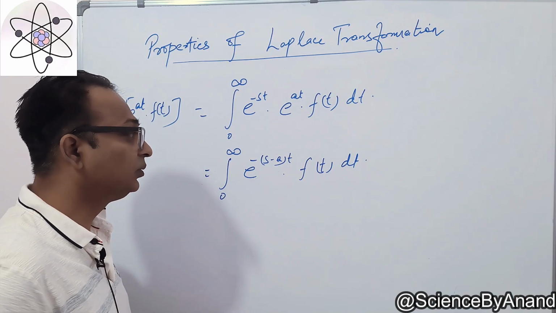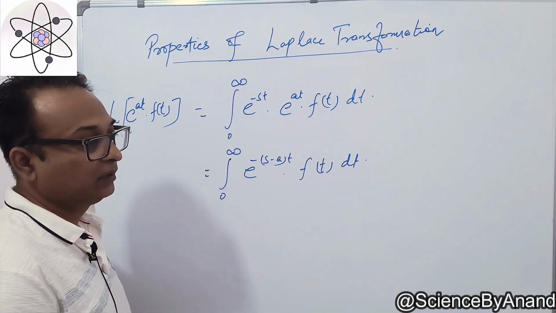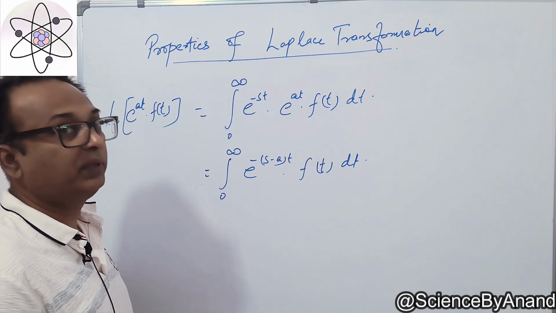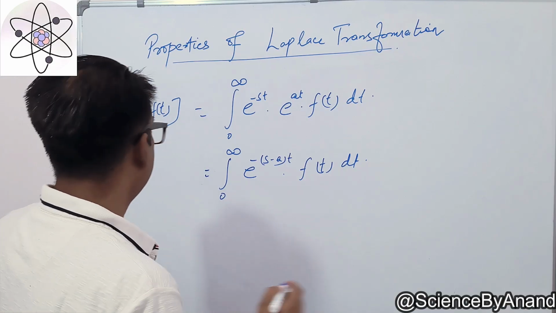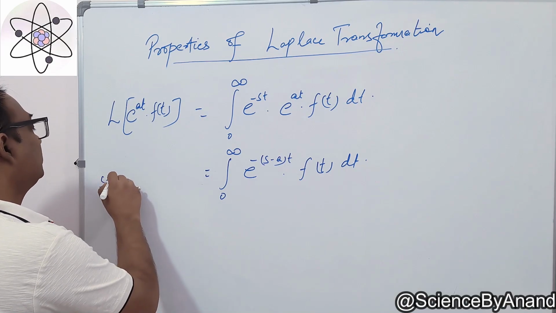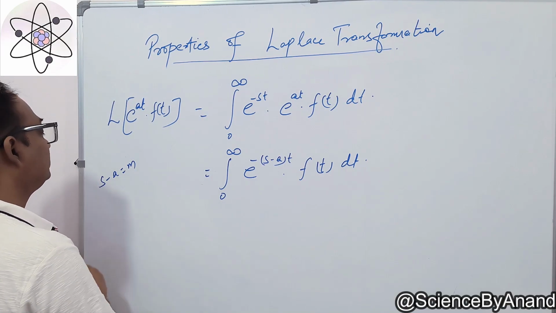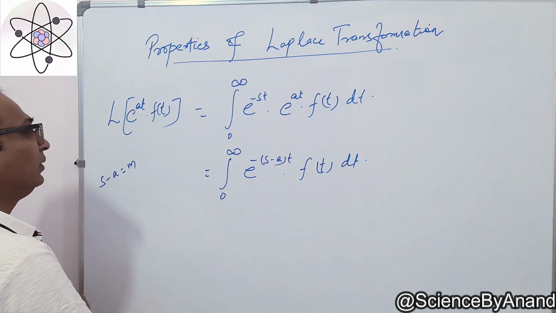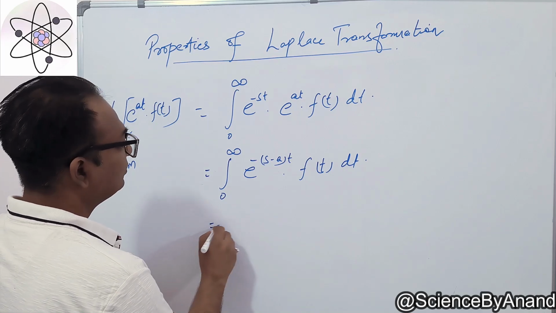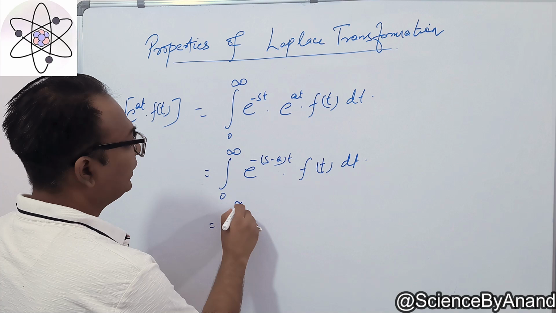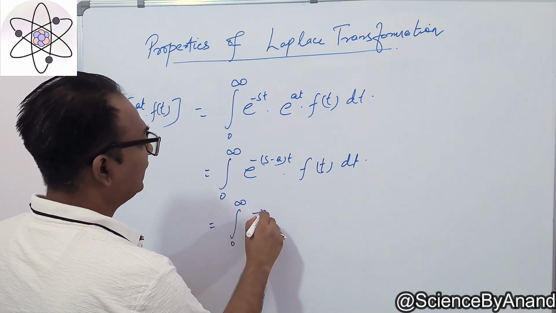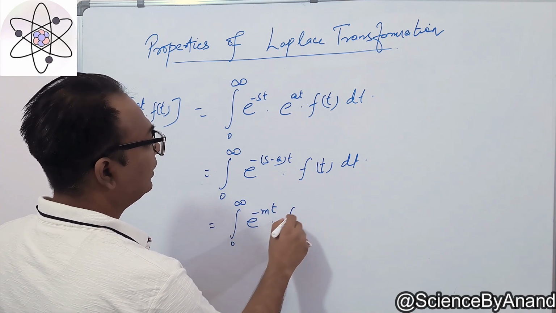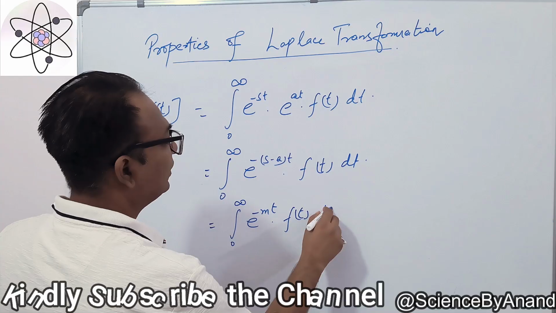If you want to go to the very elementary level, let's say s minus a is m, then the integral from 0 to infinity of e^(-mt) f(t) dt.